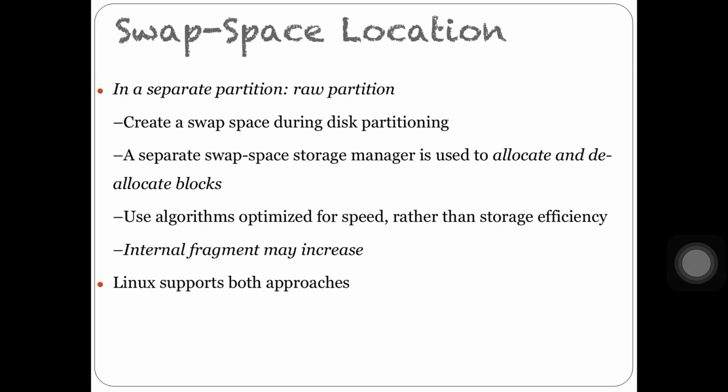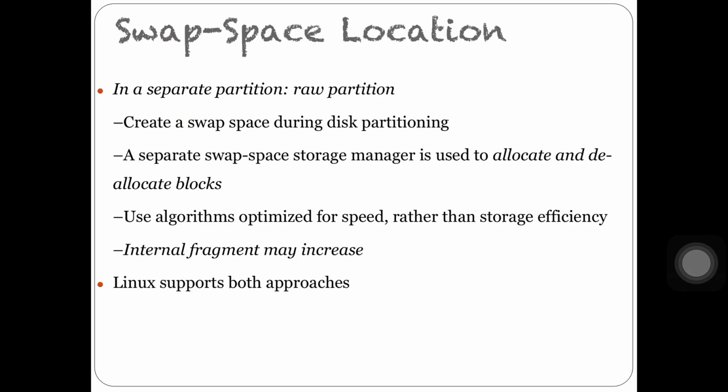And the next approach we have is the alternate approach. We can create the swap space in a separate disk partition. You can create a separate disk partition, and then use that as swap space. Here no file system or directory structure is placed on this space.